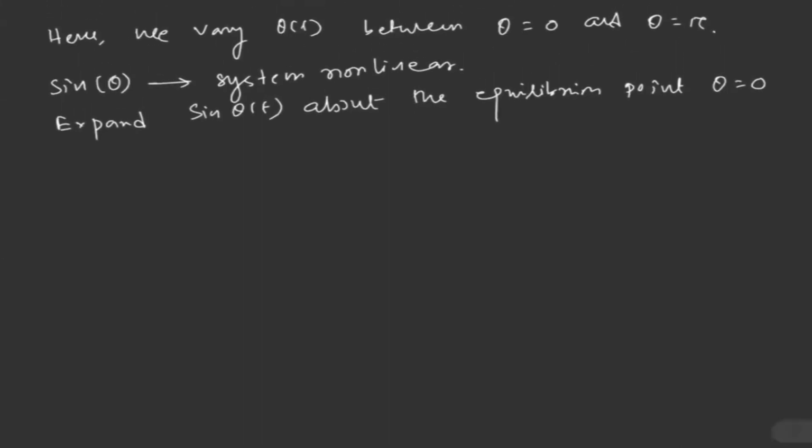So if you expand the sine of theta t using Taylor series expansion, we can write sine theta equals theta minus theta cubed over 3 factorial plus theta to the 5 over 5 factorial minus theta to the 7 over 7 factorial, and so on.